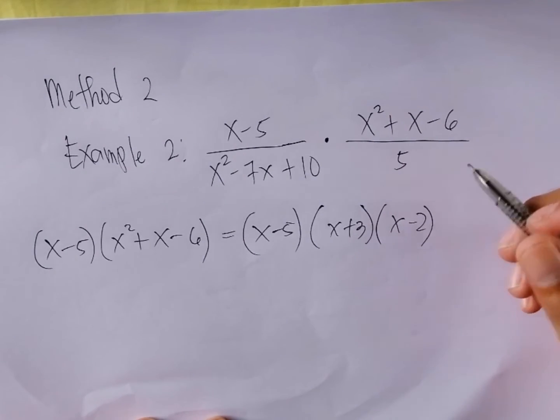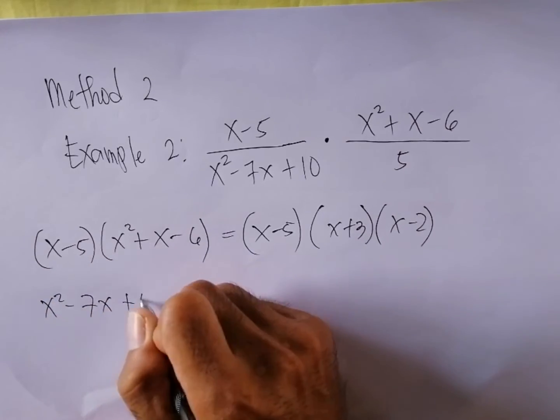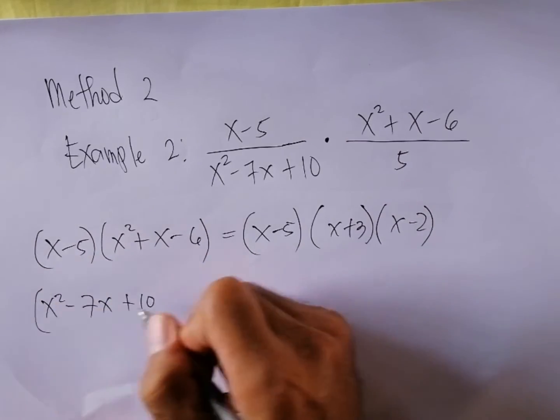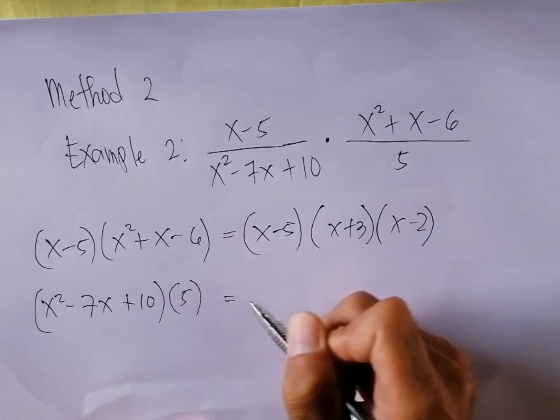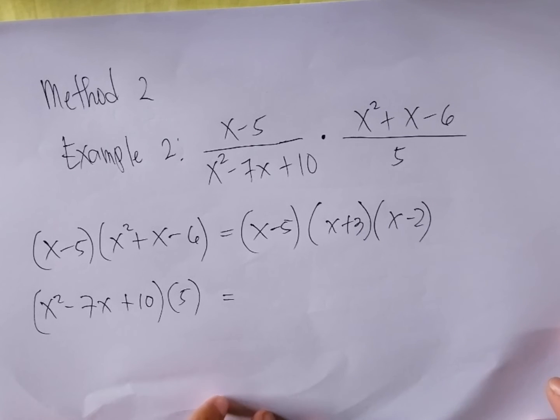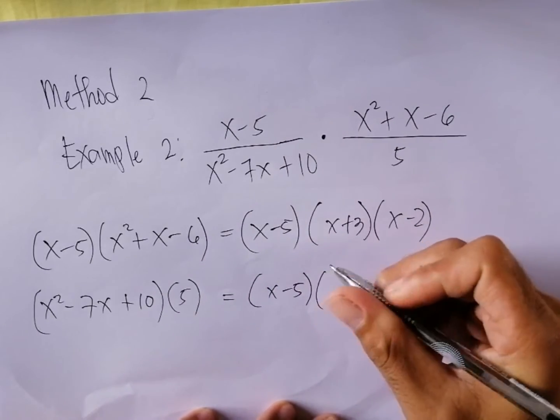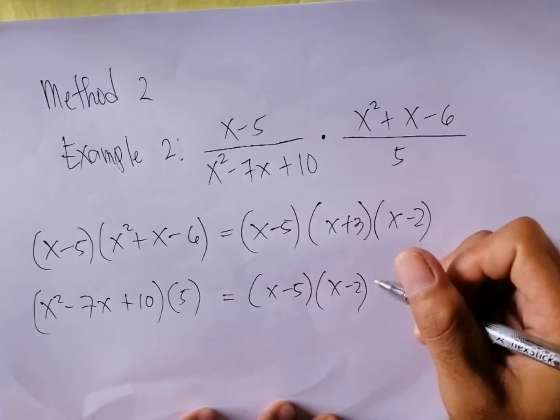Then for the denominator, x squared minus 7x plus 10 times 5, that is equal to the factor of x squared minus 7x plus 10, that is the quantity of x minus 5 times the quantity of x minus 2, times 5.